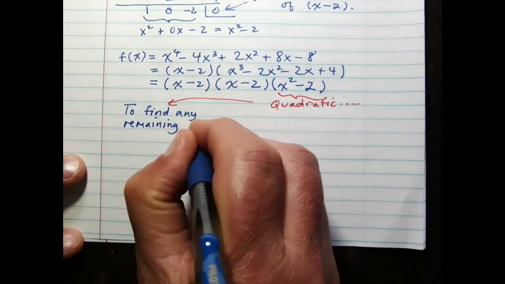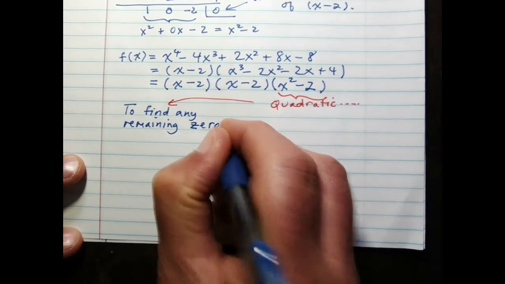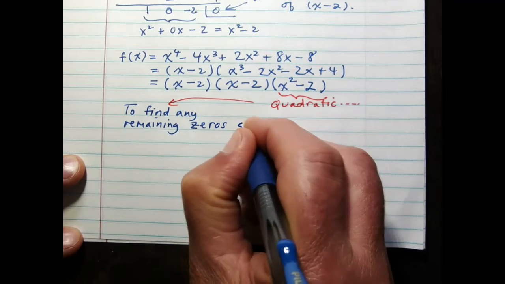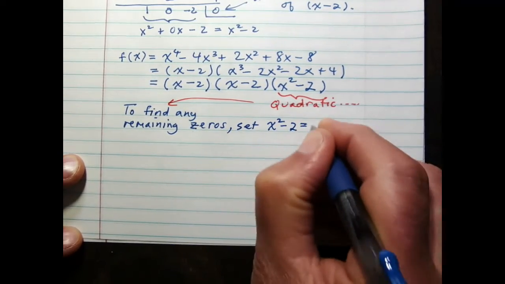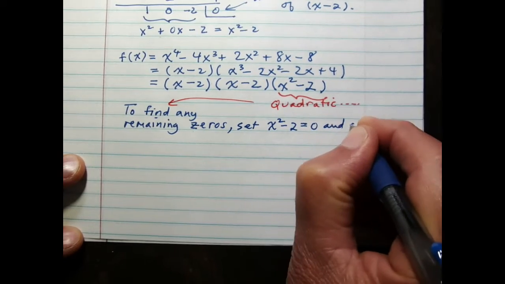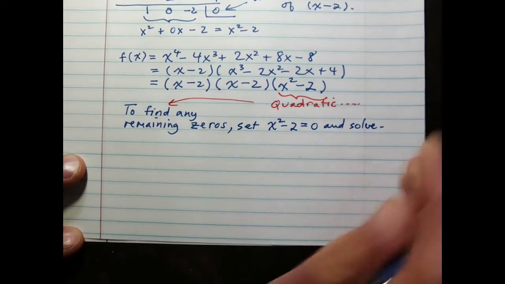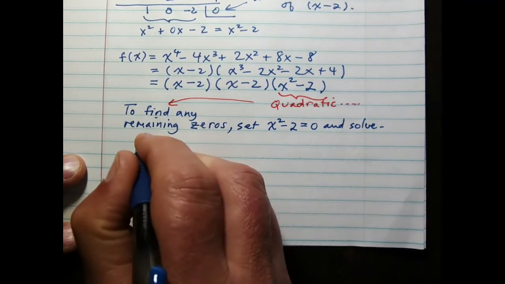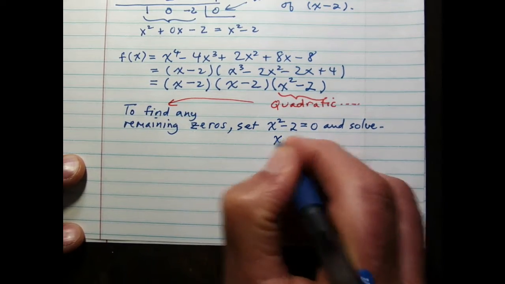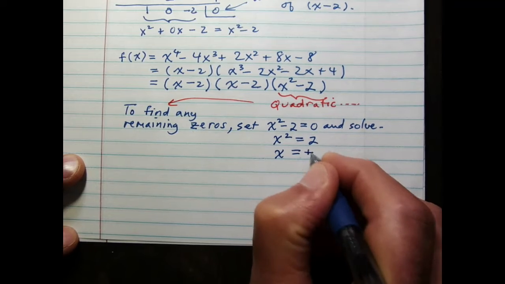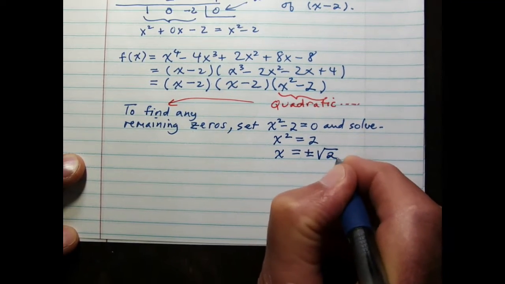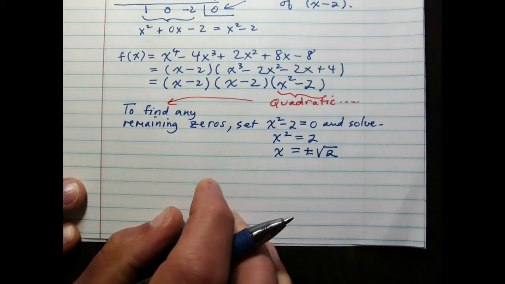To find any remaining zeros, set x squared minus 2 equal to 0 and solve. So if we set x squared minus 2 equal to 0, x squared is equal to 2, and x is equal to, there are two square roots, plus or minus the square root of 2.